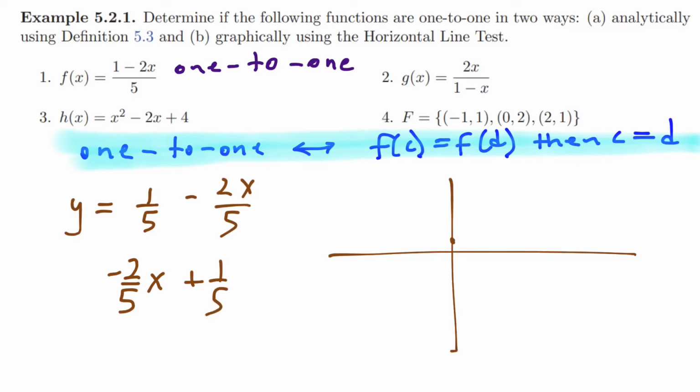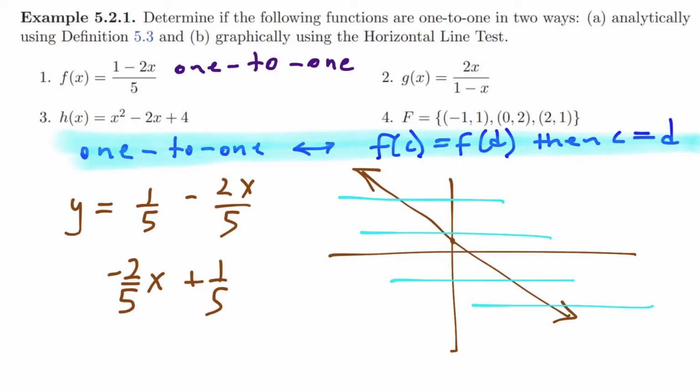So it's going to be a downward sloping line, something like that. Well, any line like that with a slope on it like this, in this fashion, you could see is going to pass the horizontal line test. That also indicates 1 to 1.